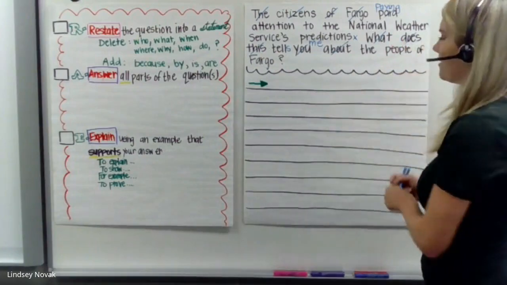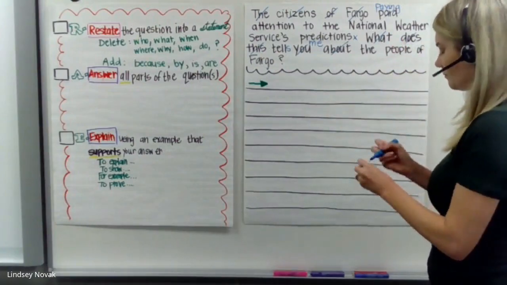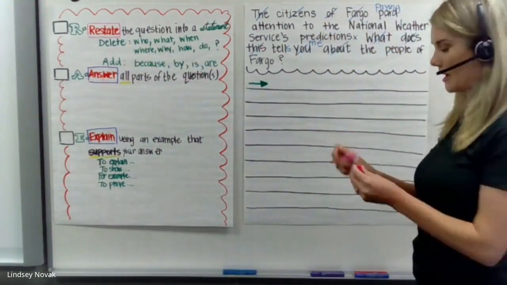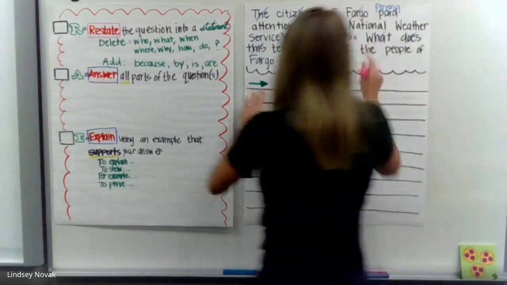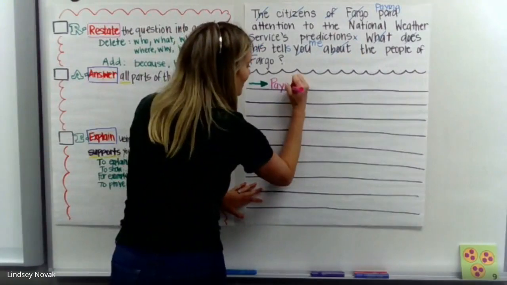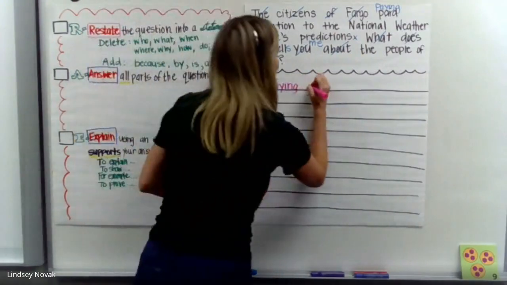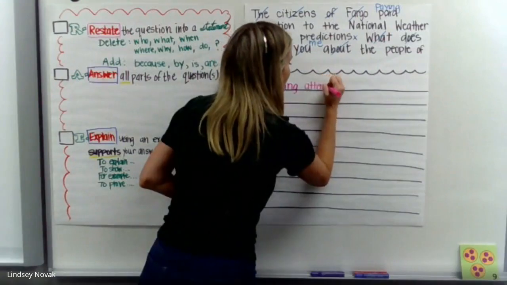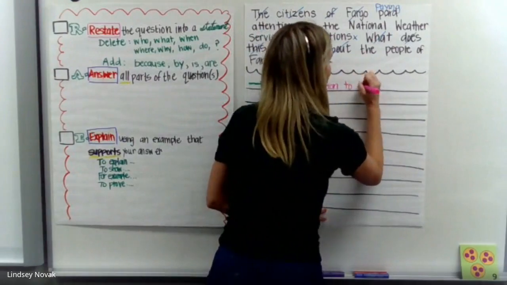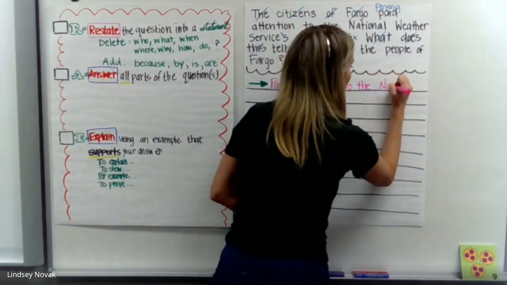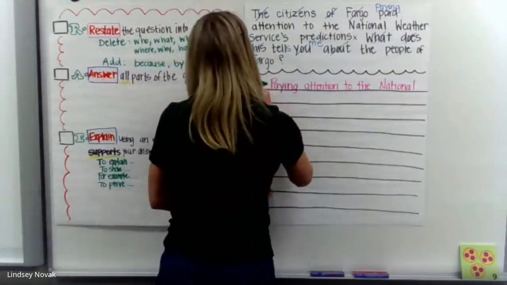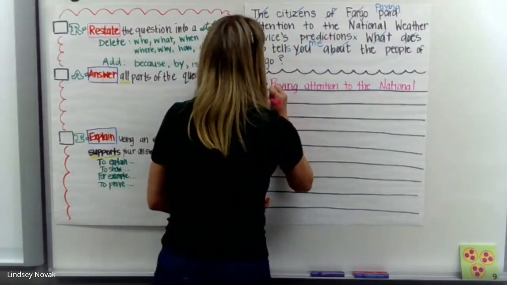So I'm going to write this all down for my restate. And I'm going to use the color pink to show you that this is my restate, okay? So I'm going to copy all this up here that I tore apart and put together. Paying attention to the National Weather Services. I'm capitalizing National Weather Services because it's the name of an organization.